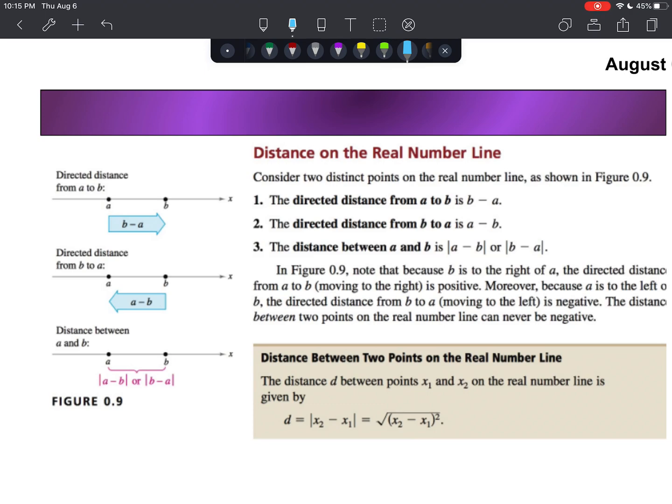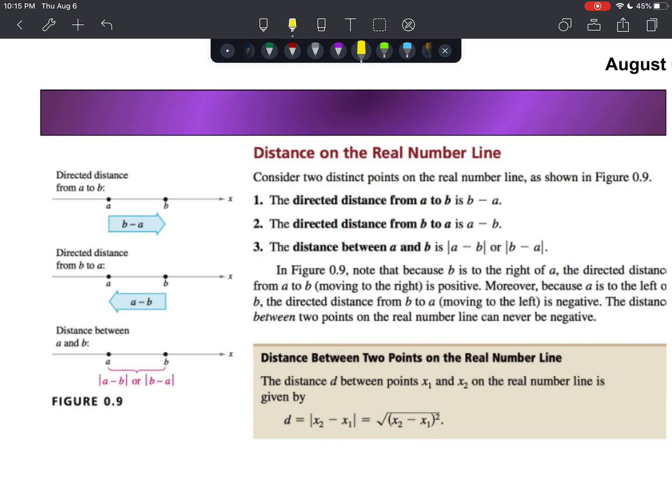The negative shows you the direction. The distance is positive. So if you're moving in a negative direction, you're going to have a negative distance for the directed distance. So a lot to take in there, unless you've been in a physics class, and then this completely makes sense.